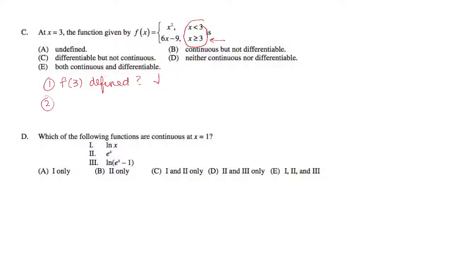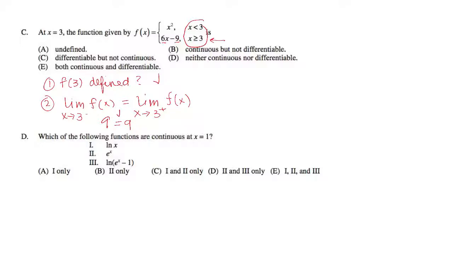And then the second thing is, let's check our limit. So the limit as x approaches 3 from the left of our function has to equal the limit as x approaches 3 from the right of our function. All right, so let's go substitute in. The limit from the left is going to be 3 squared, or 9. The limit from the right is going to be 18 minus 9, so that is 9.